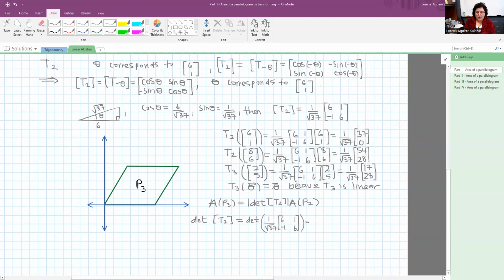And when we have a number beside the matrix, the determinant of that resulting matrix is the number multiplied by itself as many times as the number of rows indicates. So in this case, we have 1 over root of 37 squared multiplied by the determinant of this matrix.